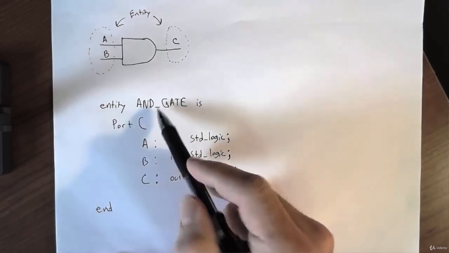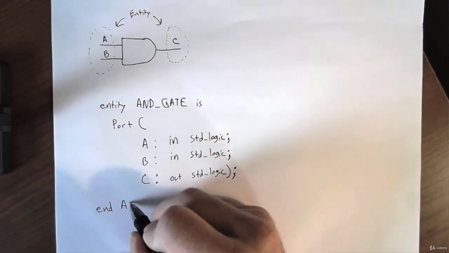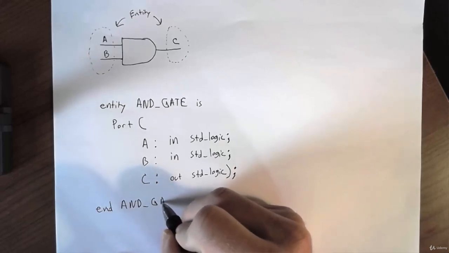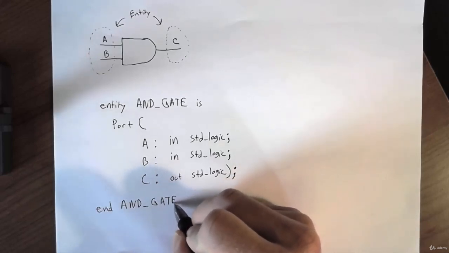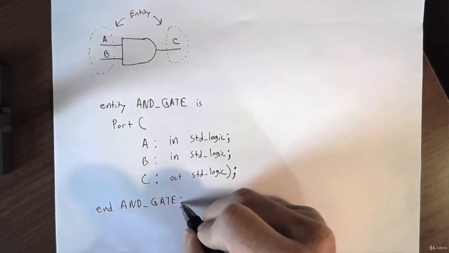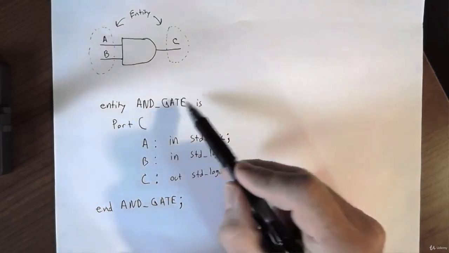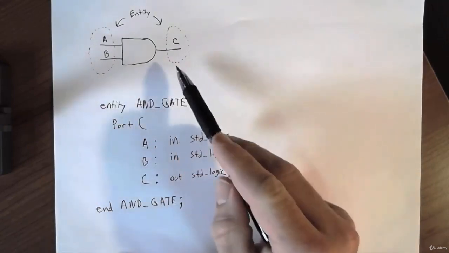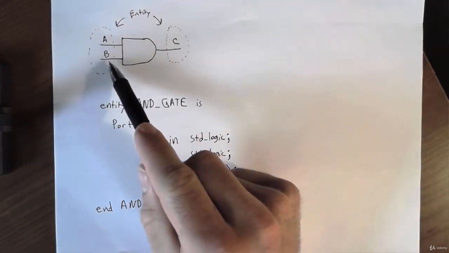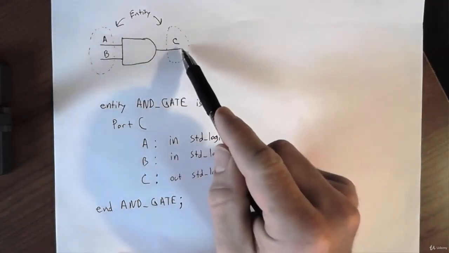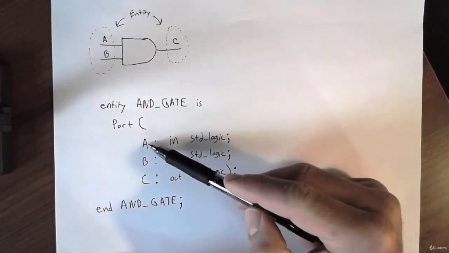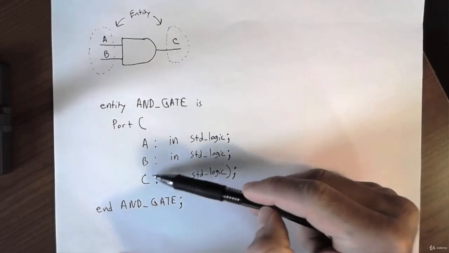So we're going to say end and_gate, and give a semicolon as well. So that defines our AND gate entity, a very basic logic gate. This entity is defining the inputs and outputs of our design: our inputs are A and B, our output is C, and the data type tells us the bits. So we know we have 2 bits going in, A and B, and 1 bit coming out, our C.